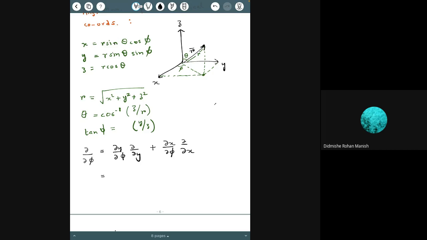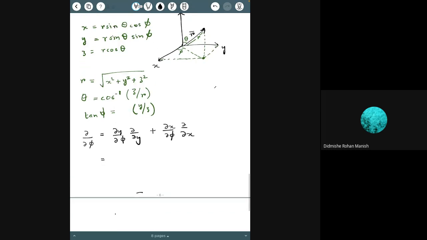Then since we know the expression of y, we can evaluate ∂y/∂φ. So ∂y/∂φ is basically, okay, I'll write it here itself, R sin θ cos φ ∂/∂y, and then ∂x/∂φ is minus R sin θ sin φ.